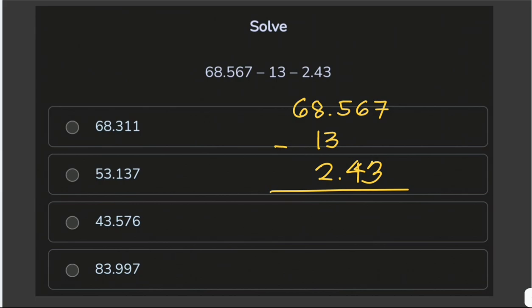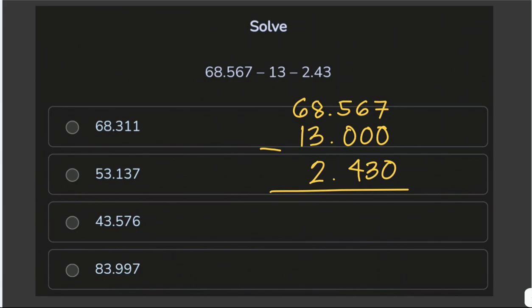The next step is we fill in any empty spots with a placeholder 0. So 13 becomes 13.000, and this is 2.430, and then we subtract.